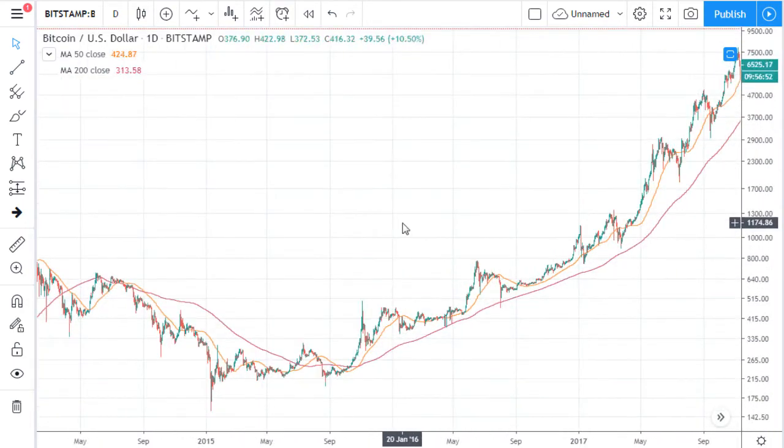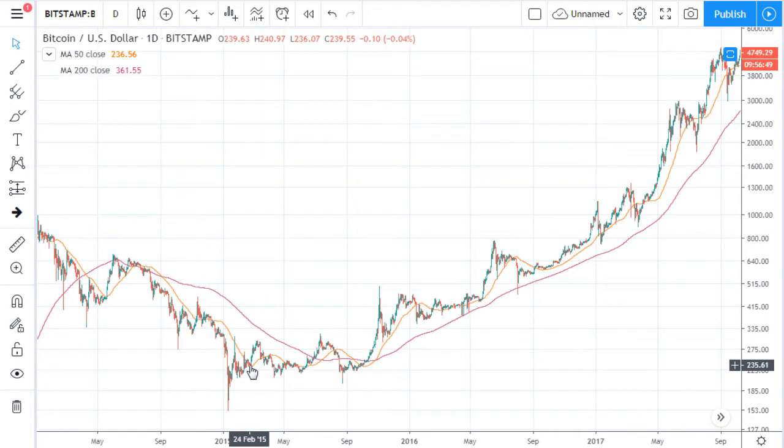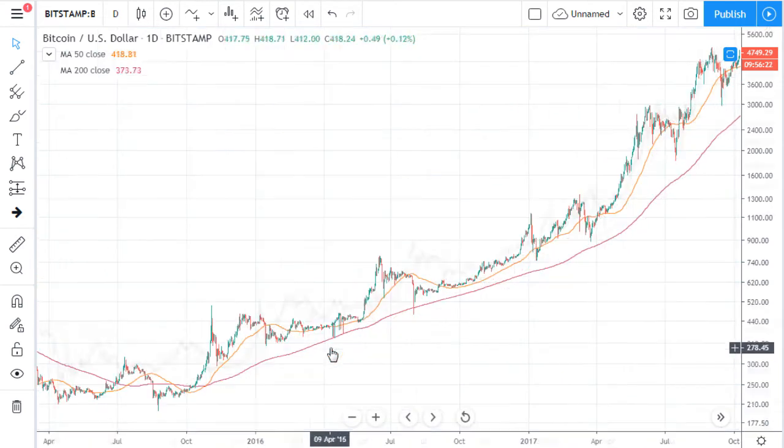So in February 2015 we had a golden cross here, just like we are about to have one, and then immediately after that we topped out at $312. It went up from 220 and then it topped out at 300 something dollars. And then we had a death cross, and just when we were about to have the death cross, there was a strong downward momentum which pushed the price back to the $200 range.